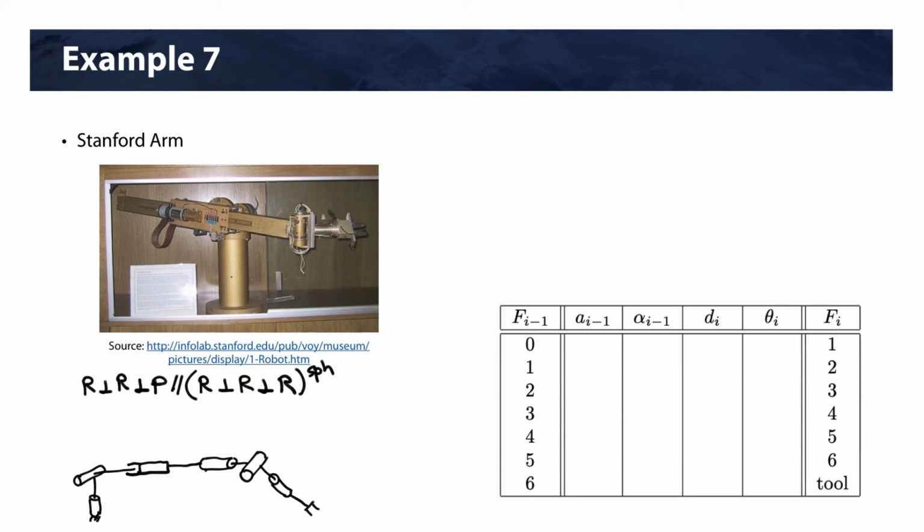So if we were to draw frames here, we have Z0 and Z1. We have Z2. We have Z3 and Z4. Z5. Z6 and Z tool.